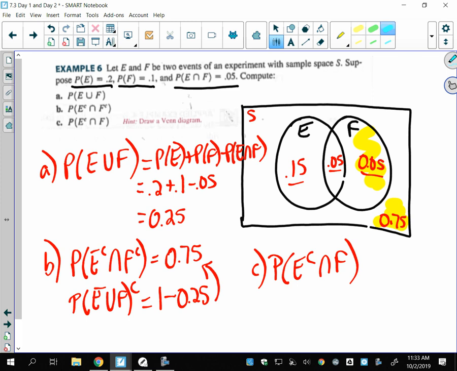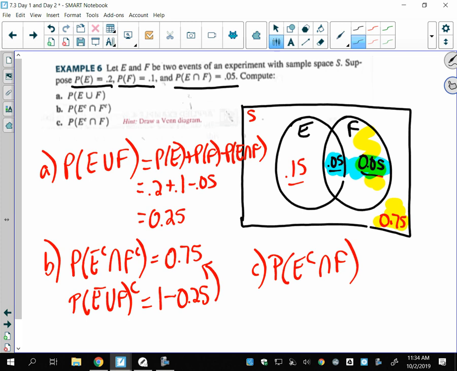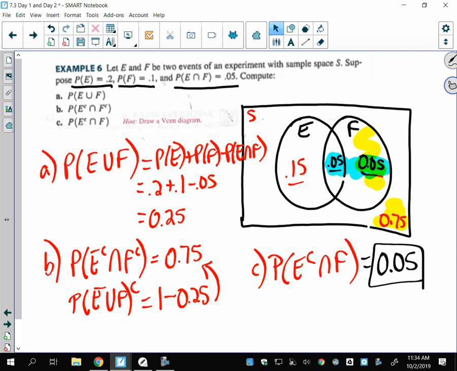And F would include this and this. So where's the intersection of that? I think the intersection is just what's just in F, right? Which is just 0.05. And so that's where that Venn diagram life is coming back to us, and we're going to practice this in class.